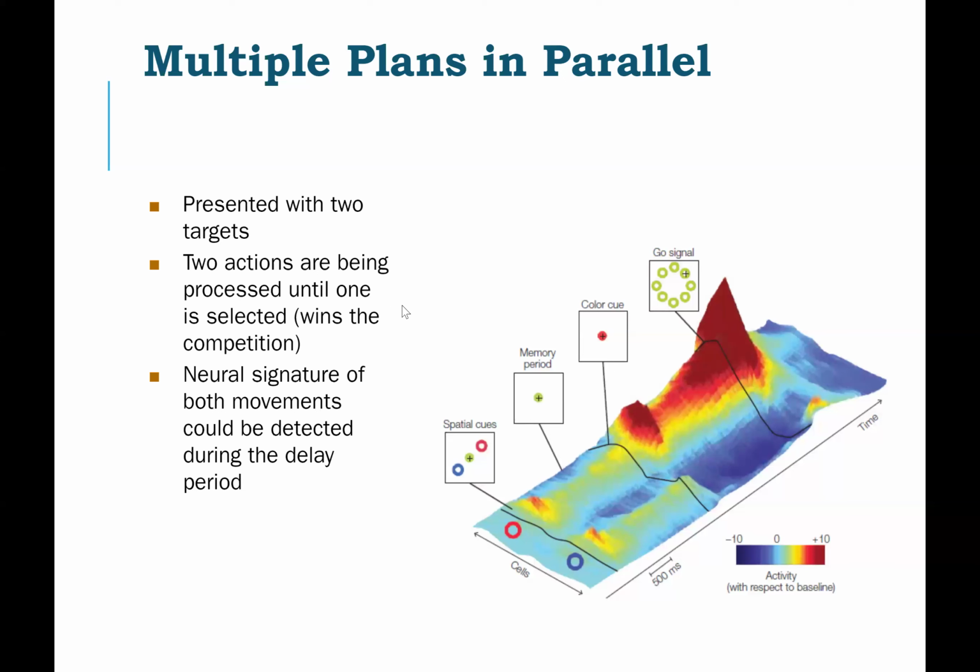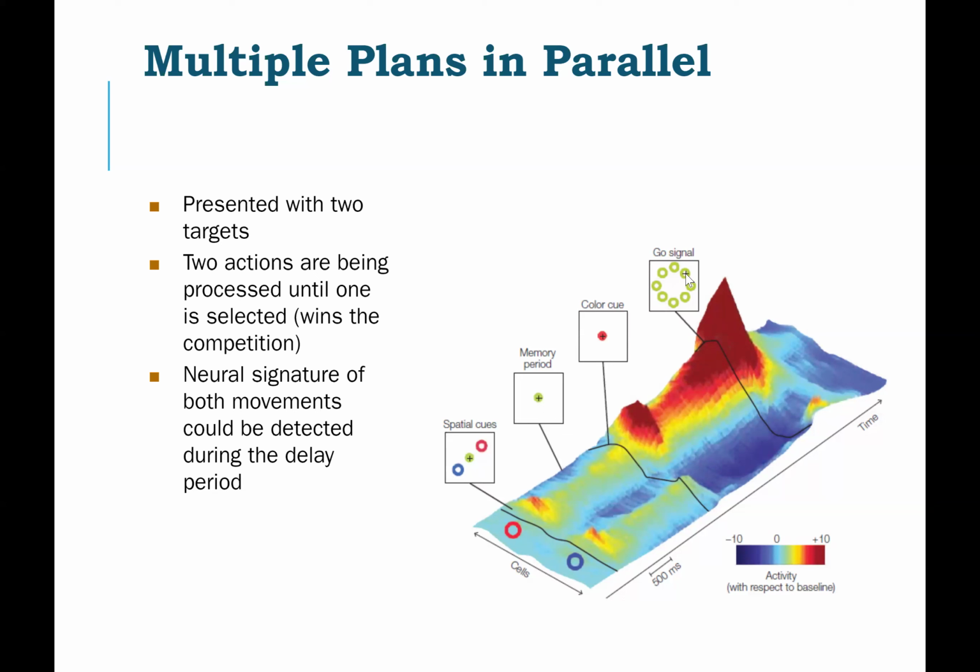I'm just going to briefly explain this study. Initially you show the participant two spatial cues, one cue on the upper right and one on the lower left, in different colors. Then you show the cross, which is the memory period. Then you show the color of the cue that they should attend to.